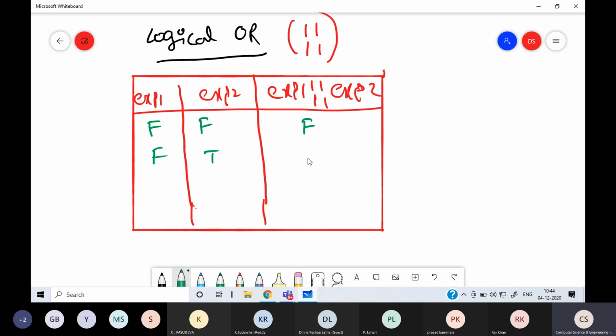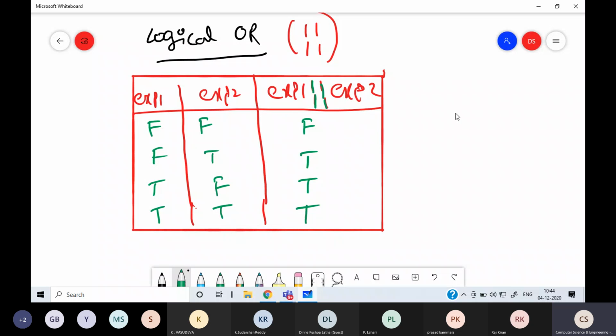False, true, the result is true. Expression 1 is true, expression 2 is false, the result is true. Expression 1 is true, expression 2 is true, the result is true. So only when both the expressions are false, the result is going to be false. Otherwise, the result is going to be true. That is the OR operation. When both the expressions are false, the ORing will give you false. Otherwise, the ORing will give you true.